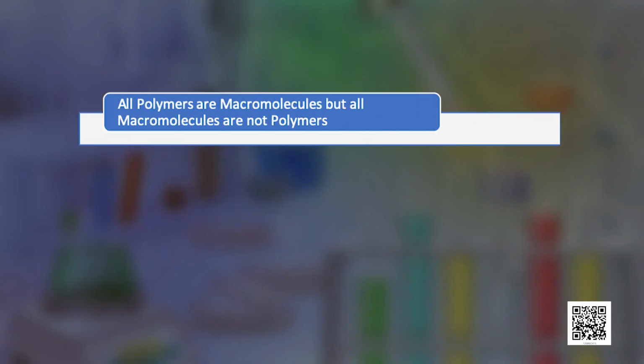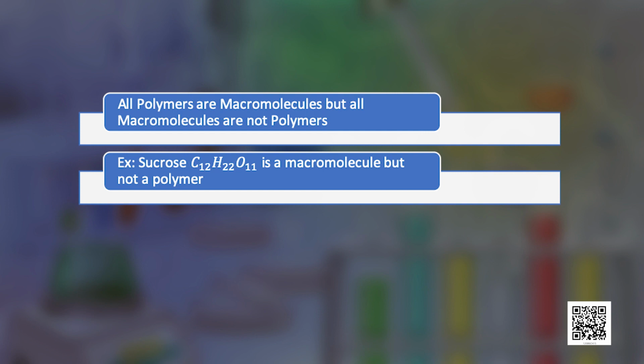Dear learners, while referring to polymers as macromolecules, it must be remembered that all polymers are macromolecules, but all macromolecules are not polymers. For example, sucrose is a macromolecule and its formula is C12H22O11. It is not a polymer.